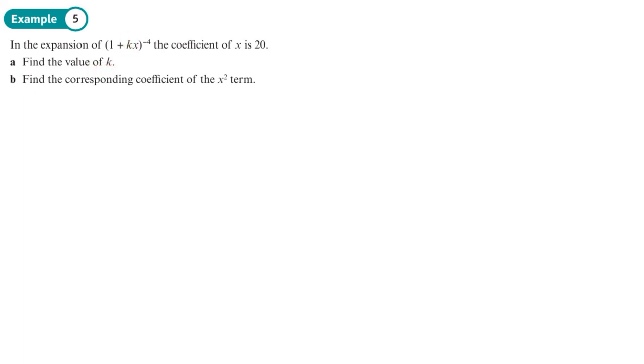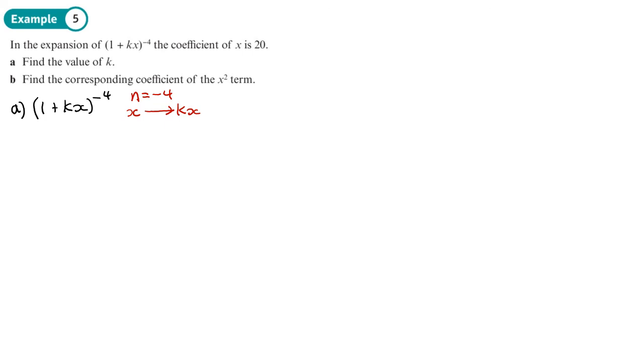We will tackle this in the same way that we've tackled all the expansion questions. We need to decide what we are going to be writing for n, in this case it's -4, and what we are going to be writing where we see x in the expansion, we're going to be writing kx.